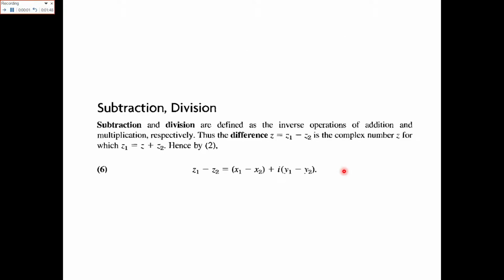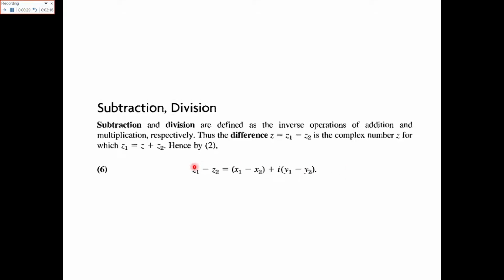Now the subtraction and the division of the complex numbers. As we have studied in the previous lectures, subtraction and division are defined as the inverse operation of addition and multiplication respectively. Thus the difference z is equals to z1 minus z2 is a complex number z, for which z2 plus z is equals to z1.